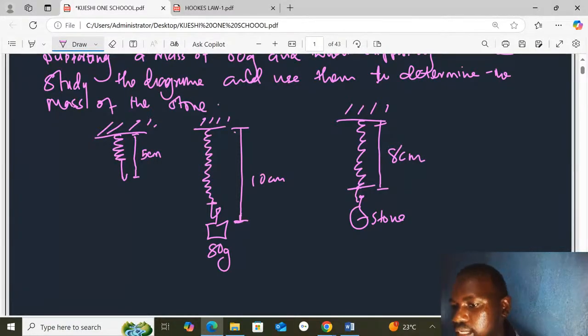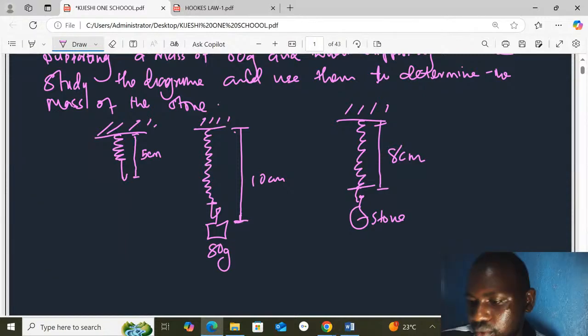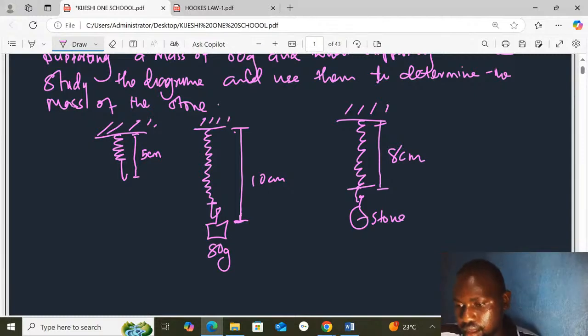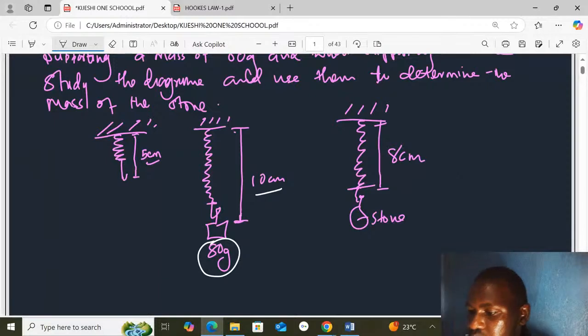Yes, that is now the diagram. We are told that the first spring, when it is on its own, has a total length of 5 centimeters. And when it is holding a mass of 80 grams, the total length will be 10 centimeters.